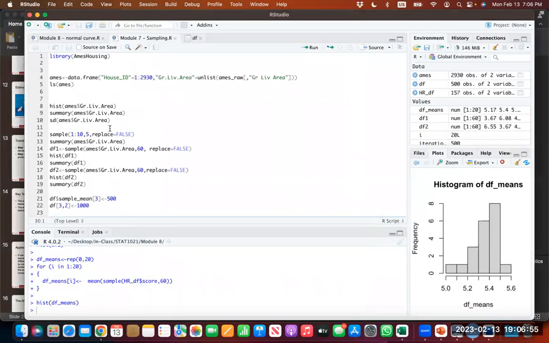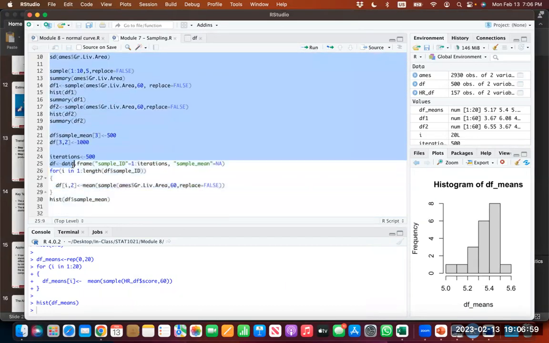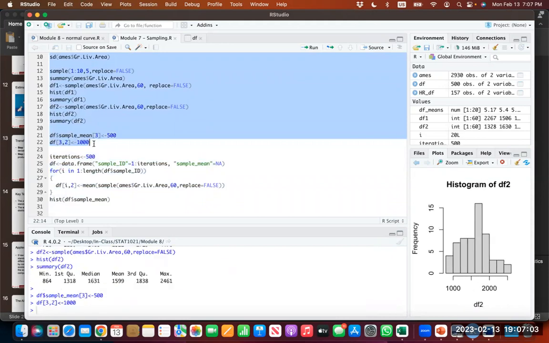in more detail. And I just want to show you quickly again what we did last time, just to remind you of the exercises we did. You remember how we looked into the Ames living areas. And we had here a histogram of living areas that were randomly sampled in samples of 60.